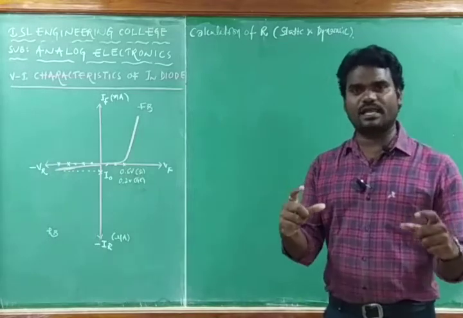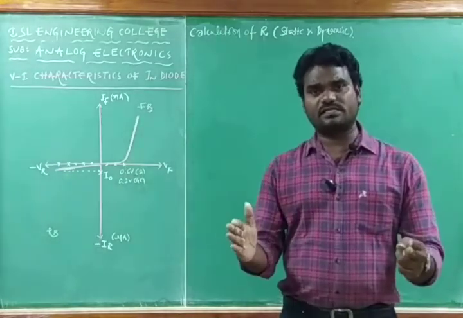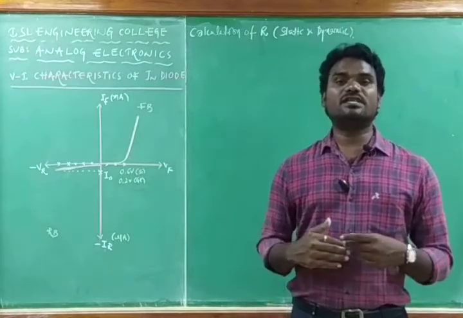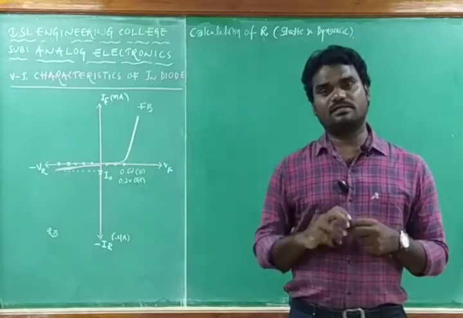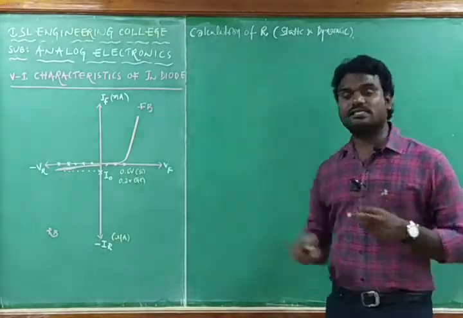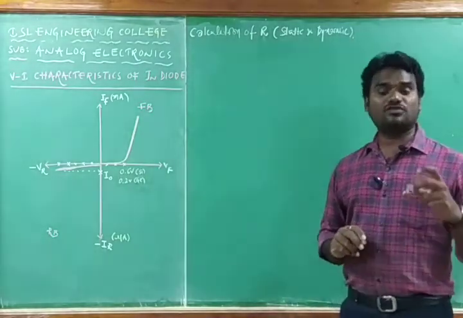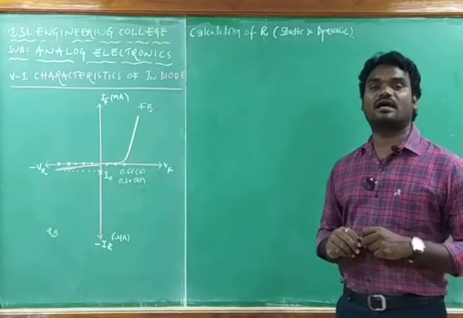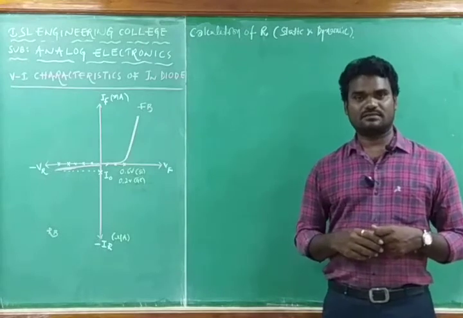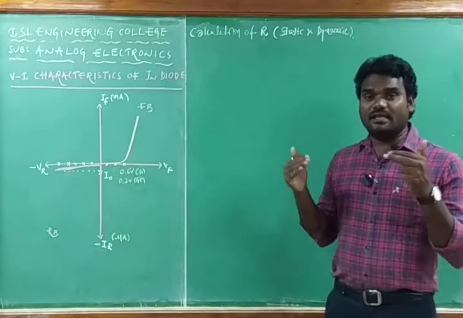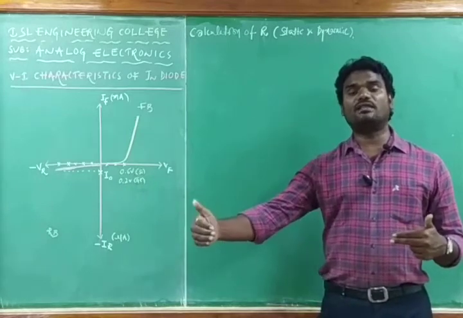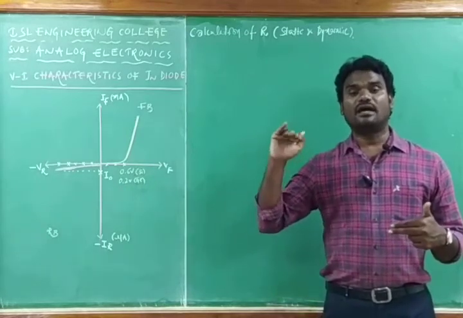Static resistance is a fixed resistance, whereas dynamic resistance is an approximate resistance. Static resistance is also named DC resistance, whereas dynamic resistance is named AC resistance. I hope I am clear. These AC and DC resistances we have to define in forward bias as well as reverse bias.